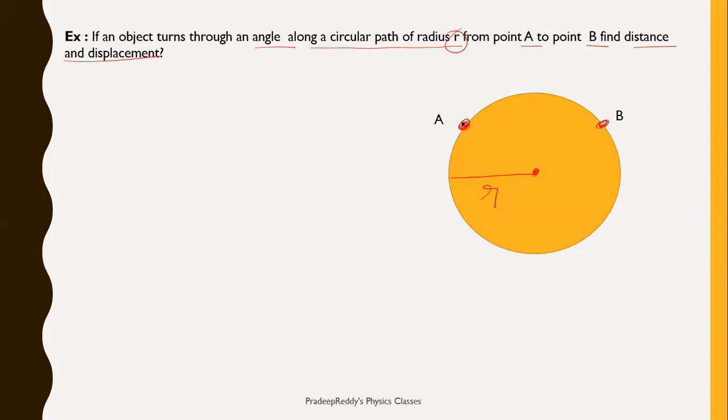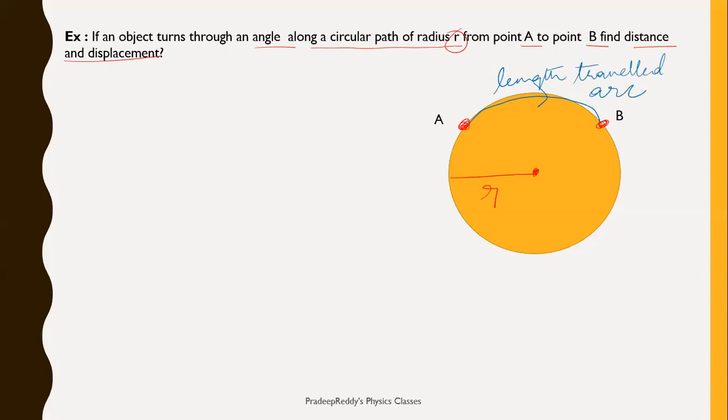It is position A, and it is reaching position B. This is the total length traveled. Now I want to find out this total length, but it is not a complete circle. It is just an arc, a part of the circle.